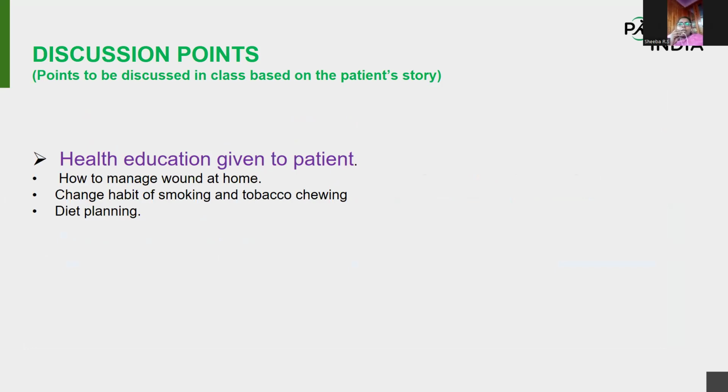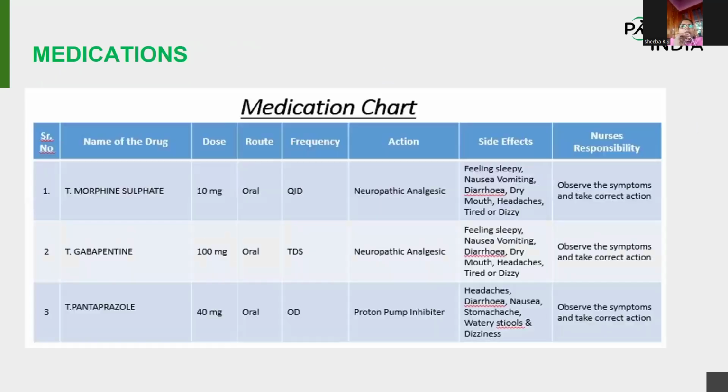Am I audible? Yes, ma'am. Sangeet? Yes, ma'am. Okay. So I was looking at that medication chart. We all learned that morphine causes constipation.